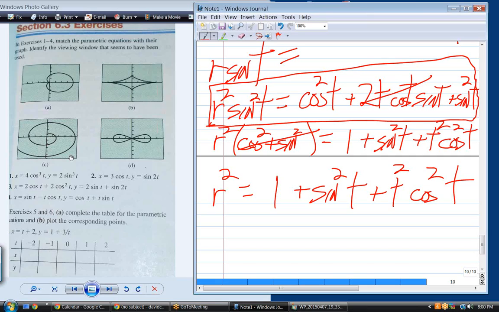I don't think so. I don't think there's any way I can pull this sine squared and that cosine squared out. So I don't think it's the Archimedes spiral. The only other one is this one up here. And what the heck is that? You know, my book does not give the formulas for these things. This book doesn't. So I have another book that does.